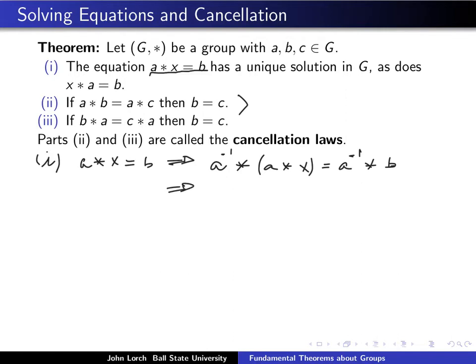And then because G is a group, we have the associative property. So we have A inverse times A times X equals A inverse times B. And then A inverse times A is the identity.